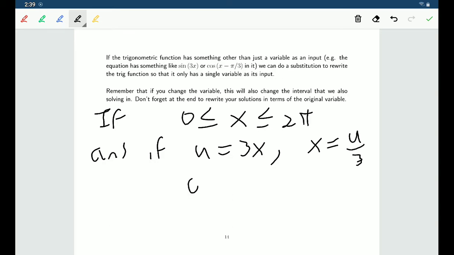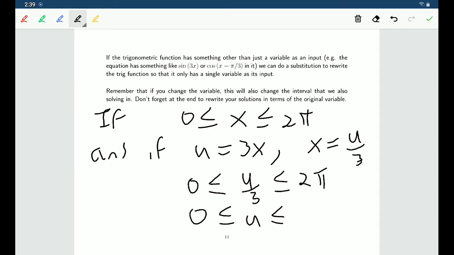So that means the interval that you're really solving on is not from 0 to 2 pi. It's that u over 3 is between 0 and 2 pi. In other words, multiplying all sides of this inequality by 3 would give me 0 less than or equal to u less than or equal to 6 pi.